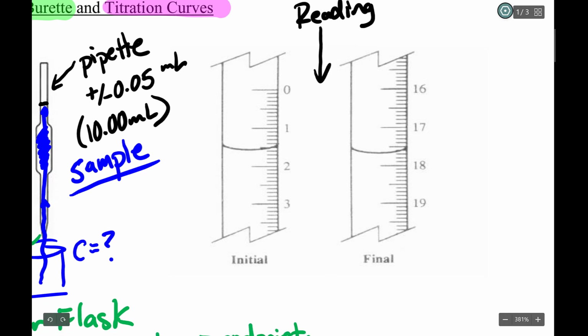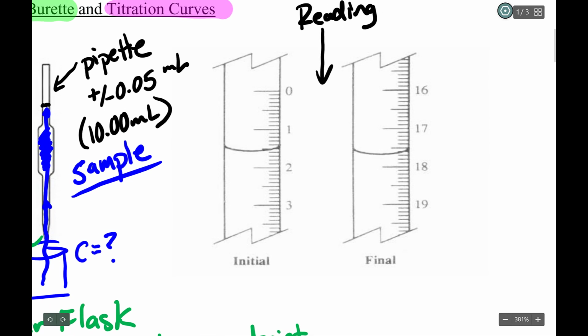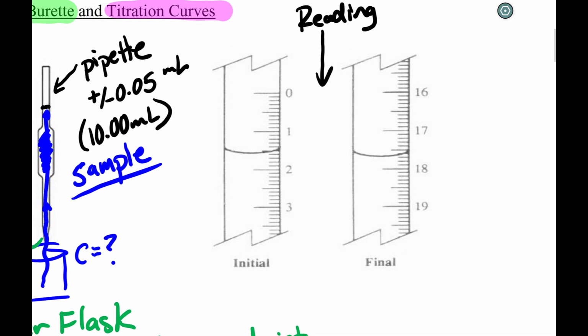So for instance, if I wanted to figure out this initial volume, I would start reading downwards, and I would notice that this line here, which is called the meniscus, the bending of the water, is below 1 but above 2.